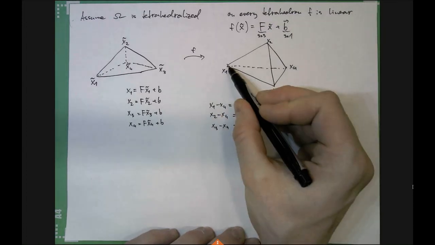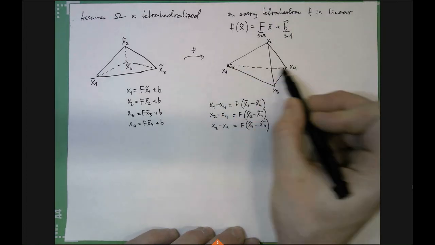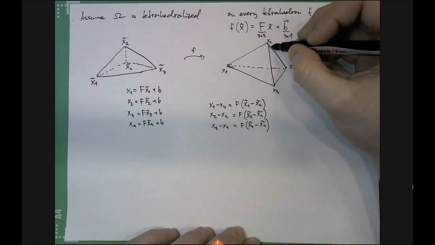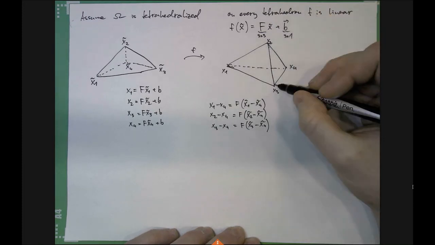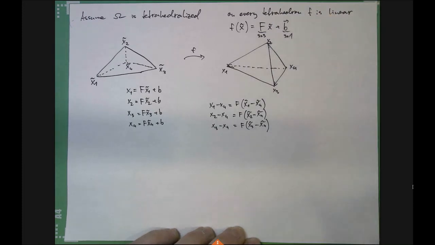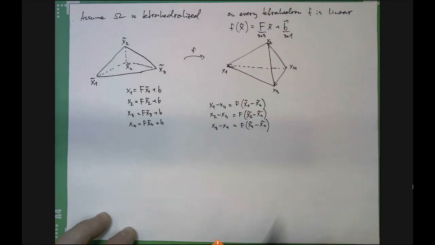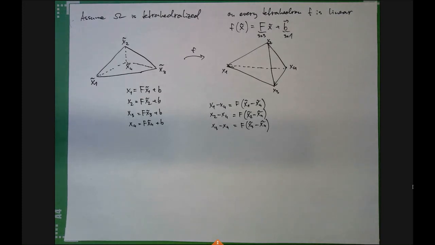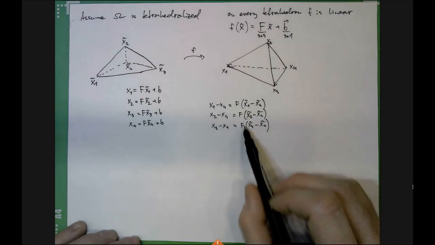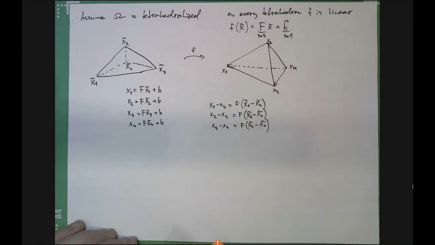So what is x1 minus x4? That's this arrow, x2 minus x4 is this one, and x3 minus x4 is this. So we really want to be looking only at the deformation of the tetrahedron. We want to characterize how much it has been deformed, and that's why we are deriving the deformation gradient F.